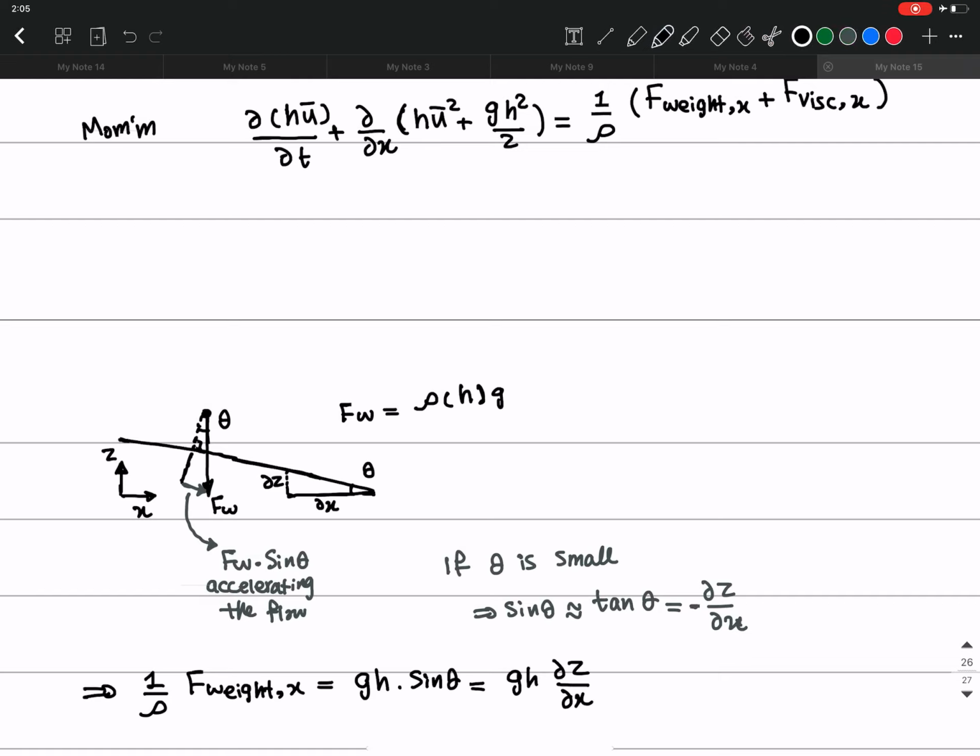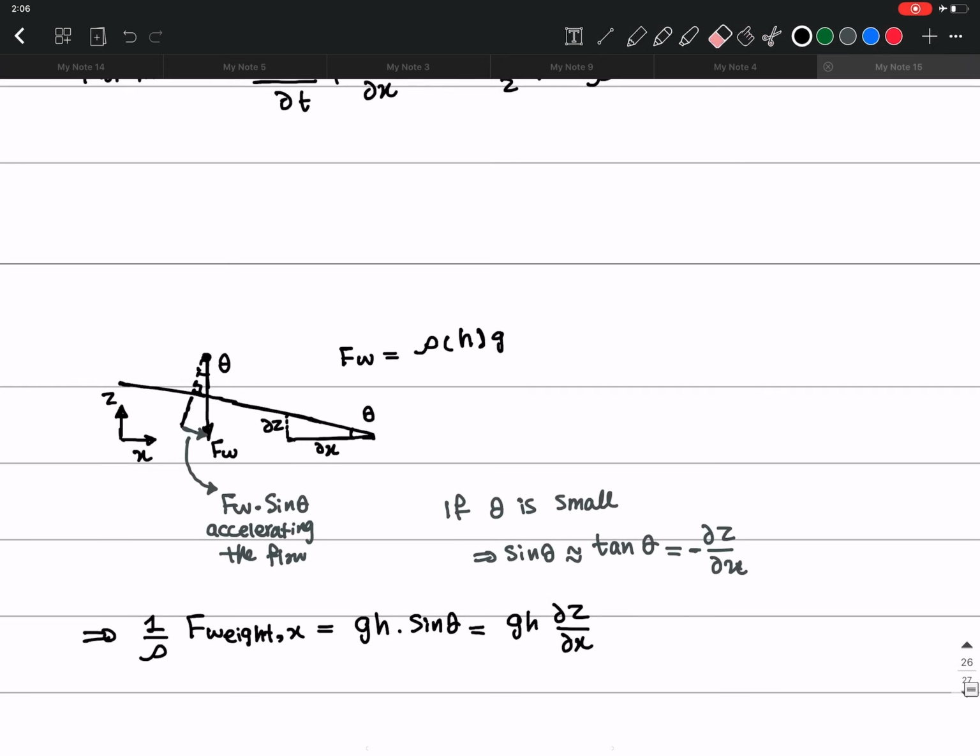This has to be minus partial z partial x, right? So here this gh sine theta is correct, and here we have a minus sign. And so this will give me minus gh partial z over partial x.